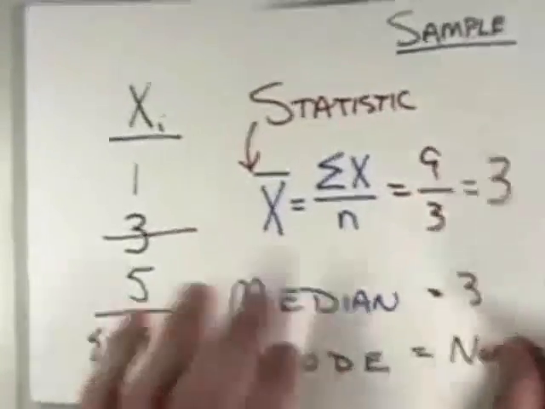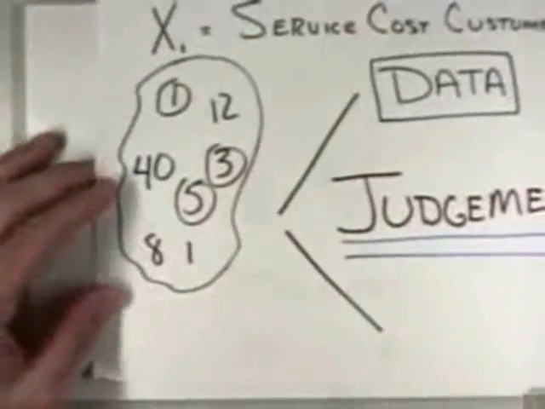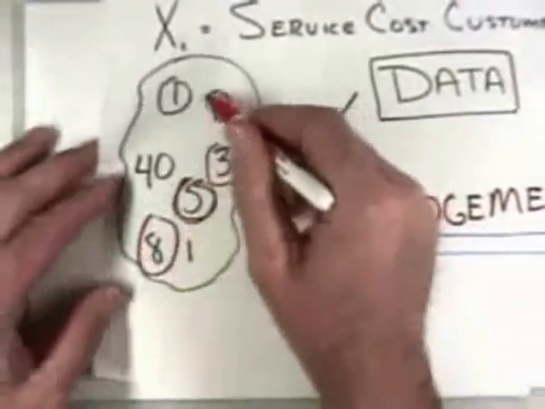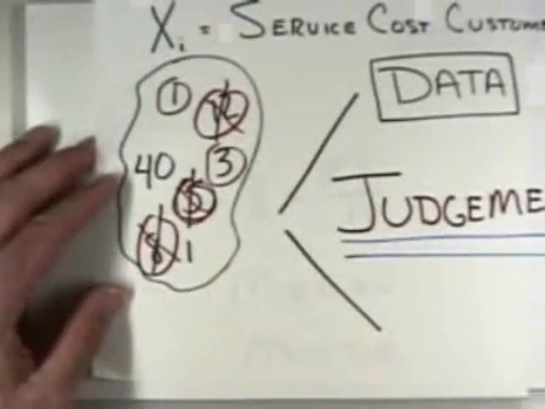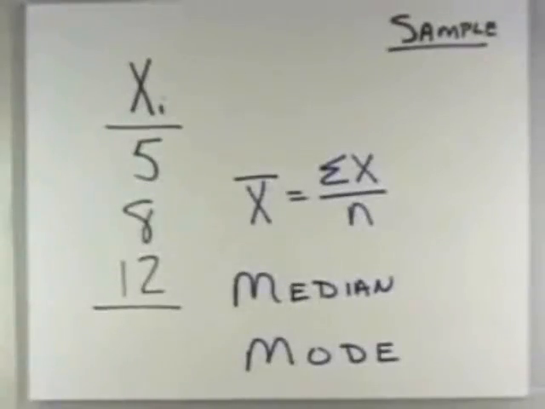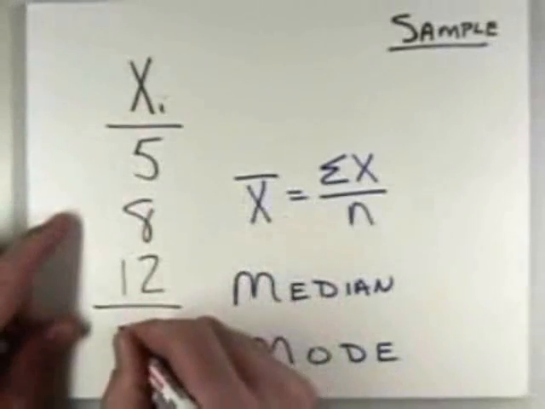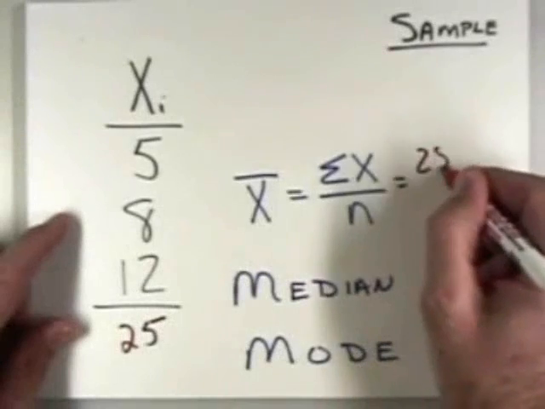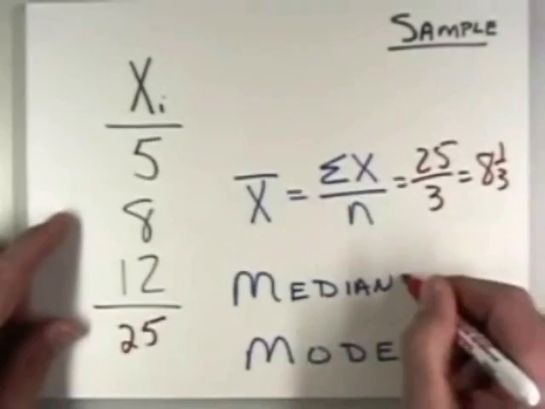Now, if we had taken a different sample, we might have gotten different values. We might have picked the 5, the 8, and the 12 this time. 5, 8, and 12, a different sample. We then get a different set of numbers. So we get 25 when this is added up. The sample average is 8 1/3.